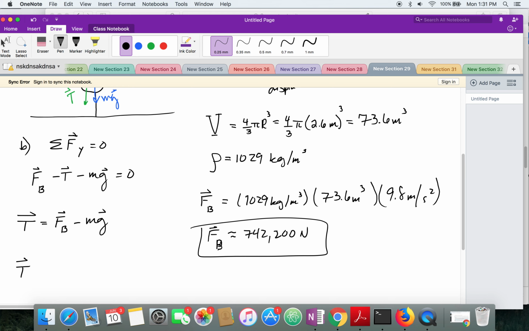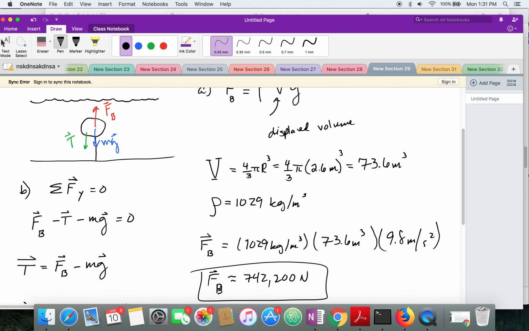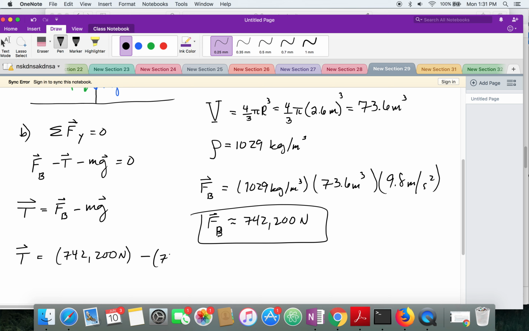So the tension is going to be this number we just found, 742,200 newtons, minus the mass, which is 74,400 kilograms, times 9.8 meters per second squared.